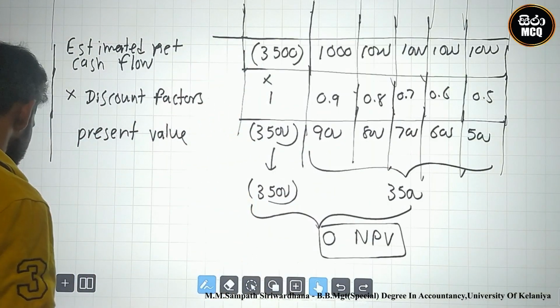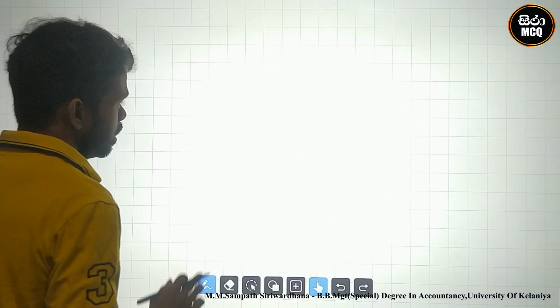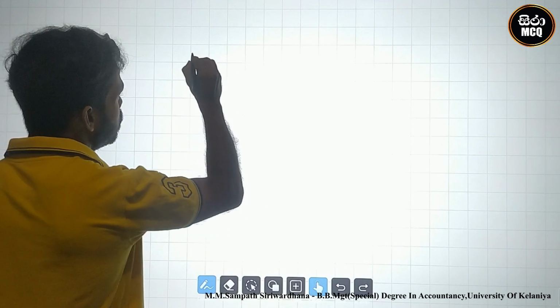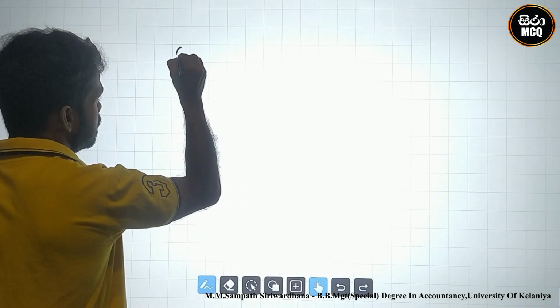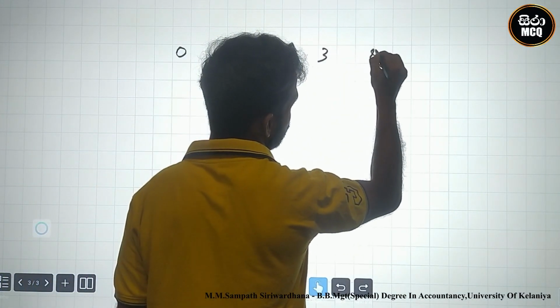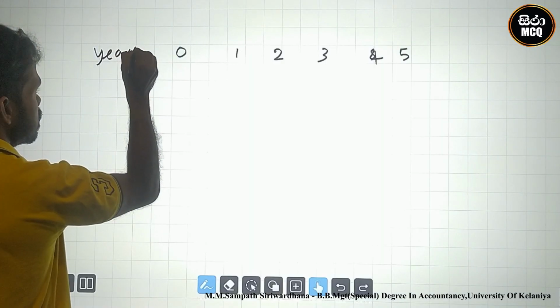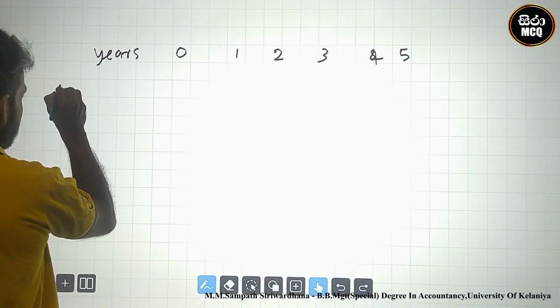Look here. The discount factors, I said, look here, these are the years, 0, 1, 2, 3, 4, 5. What are the discount factors?